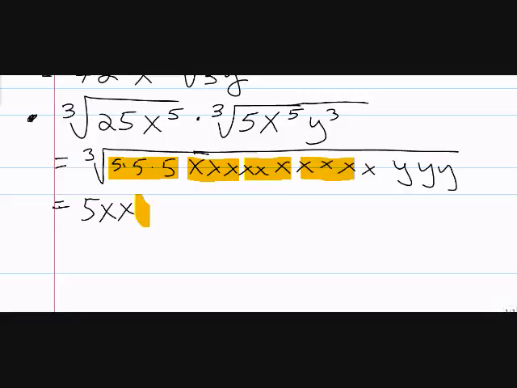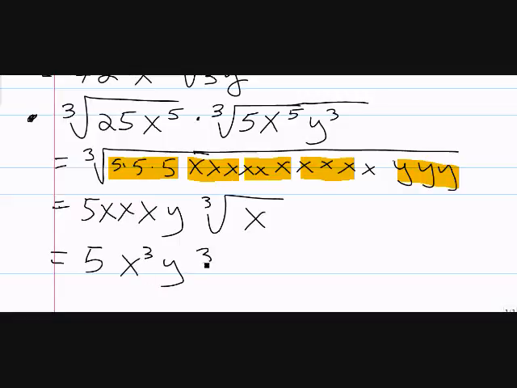Oops, didn't like that part of the highlighter. And now I got some y's. I got 3 y's. Pull out a y. And all I have left under the radical is an x. So I'll leave that in. And this is 5 times x to the third power times y times the cube root of x.